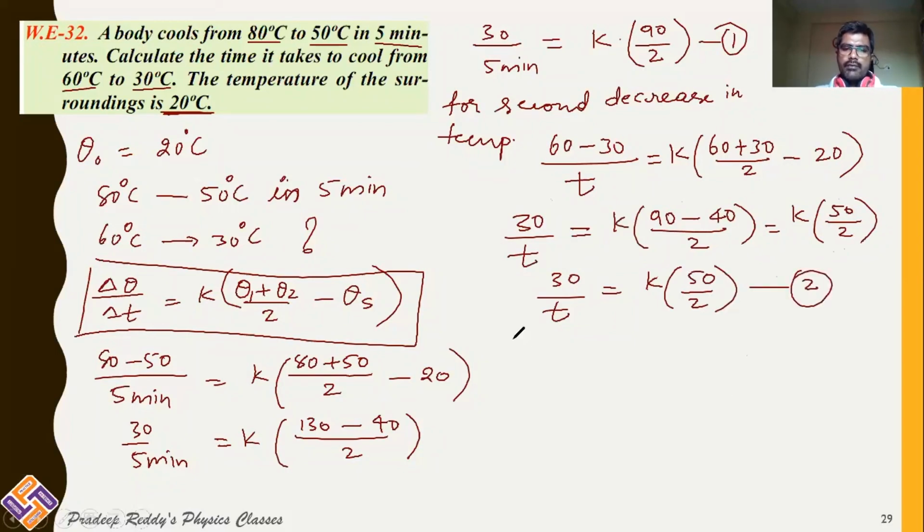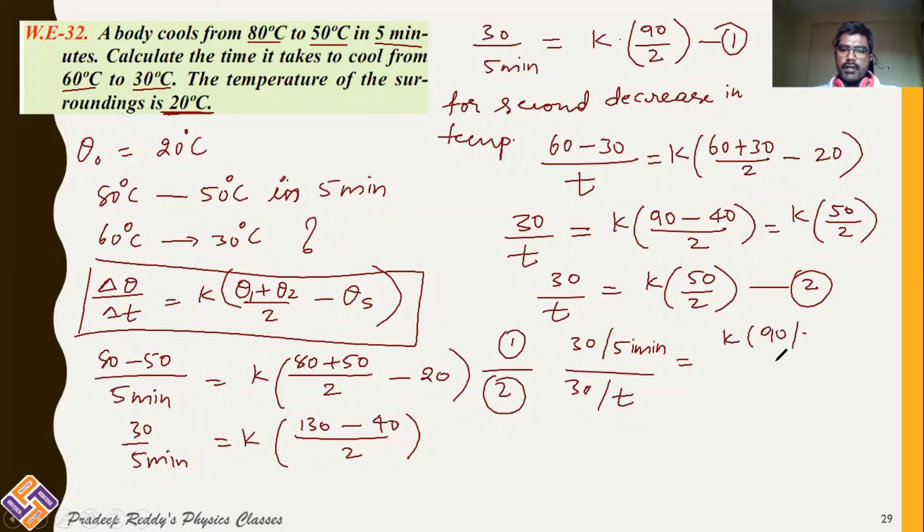Now let us divide equation 1 by equation 2. That gives you 30 divided by 5 minutes, by 30 divided by T, is equal to K into 90 by 2, by K into 50 by 2. The 2 gets cancelled, K and K get cancelled, 30 gets cancelled, and T goes to the numerator.